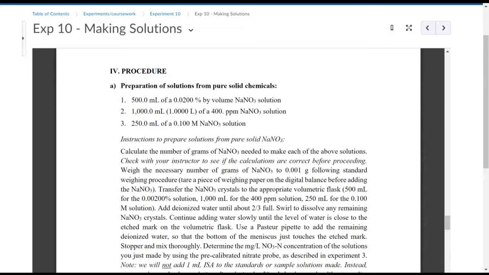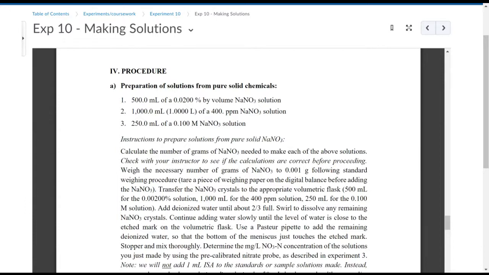Do we need 400 milligram? Yes? 400 milligram. 400 milligram in 1 liter, and since we want 1 liter, then it's going to be 400 milligram. Very good. 400 milligram of NaNO3. This is for 1 liter.